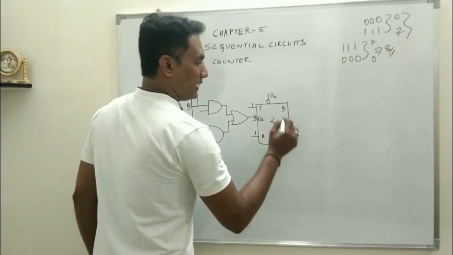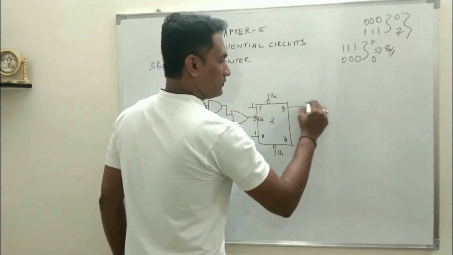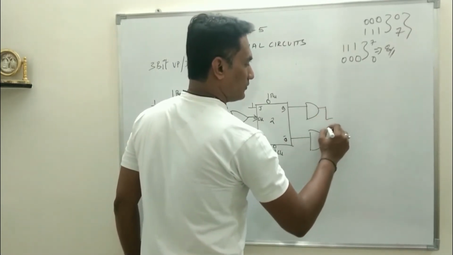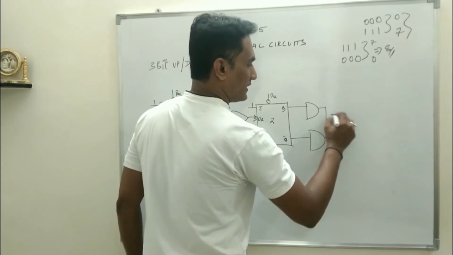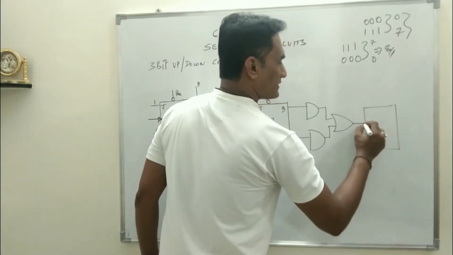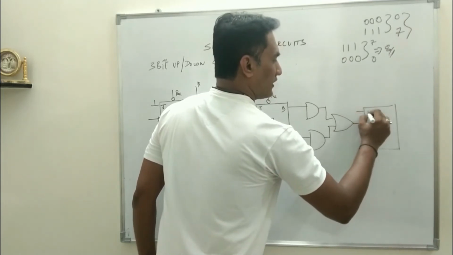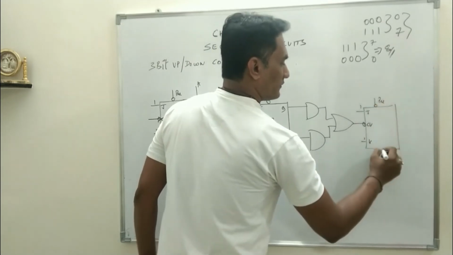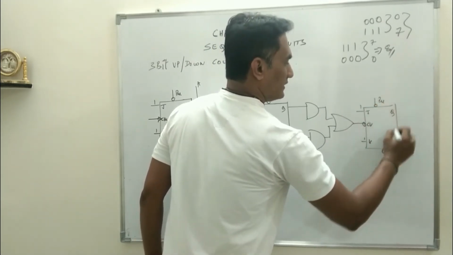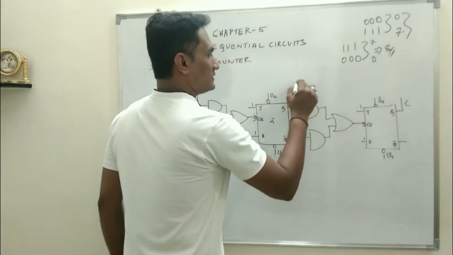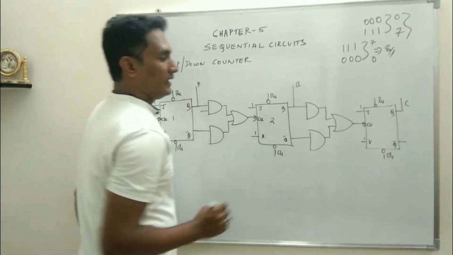Again the outputs Q and Q bar will be connected to AND gates. The output of these AND gates is connected to an OR gate. The output of the OR gate acts as clock input for the third flip-flop, which has preset and clear terminals, Q bar. This is C, this is B, and of course this will be A.